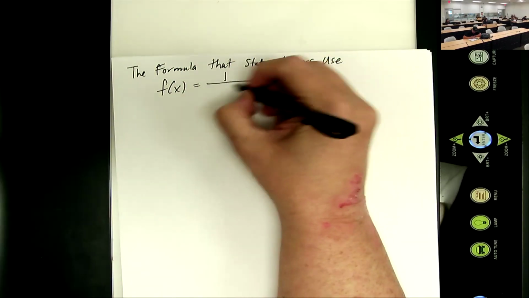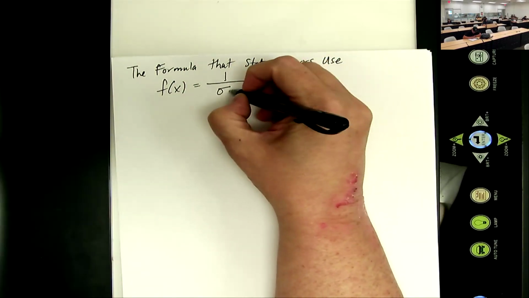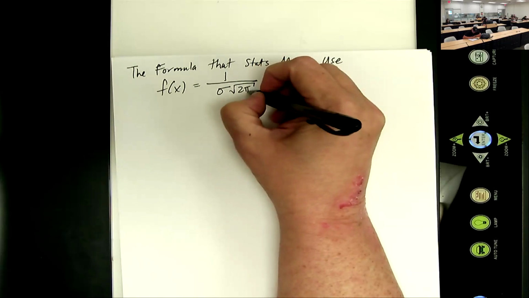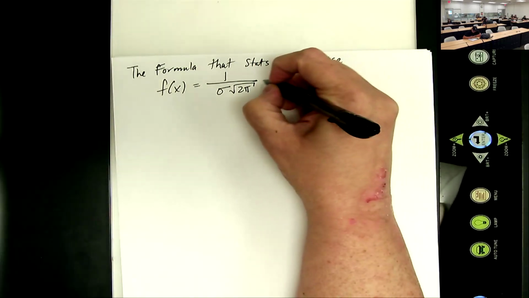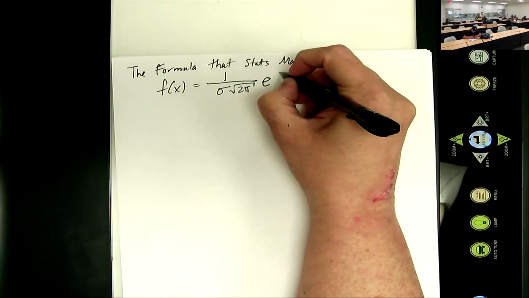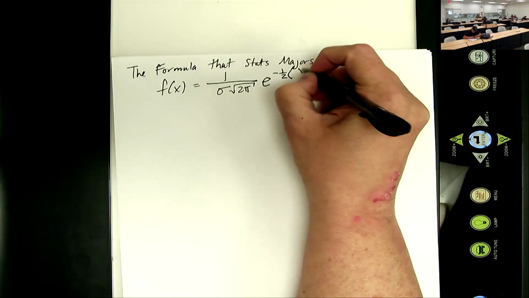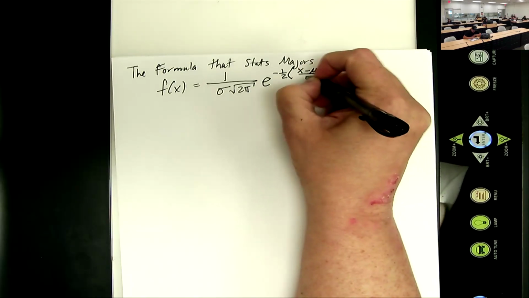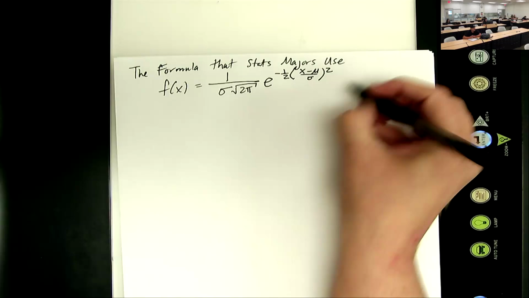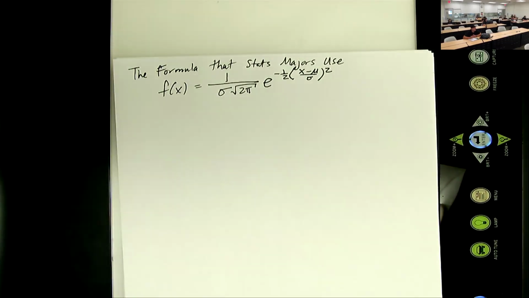It's 1 over the standard deviation times the square root of 2 pi, times e to the negative 1/2 times (x minus mu over sigma) squared as an exponent. It's messy.